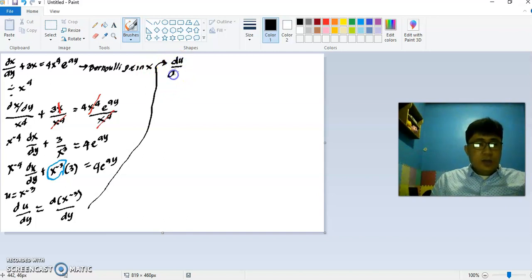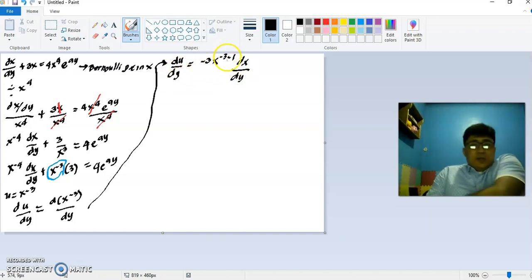du over dy equals, derive that one, you have negative 3x raised to negative 3 minus 1. That is how you derive in differential calculus, right? dx over dy, because that is over dy. So when you derive this one, you always have dx.